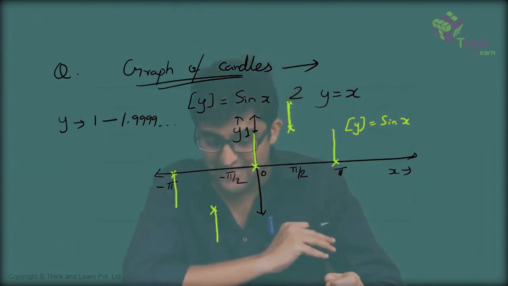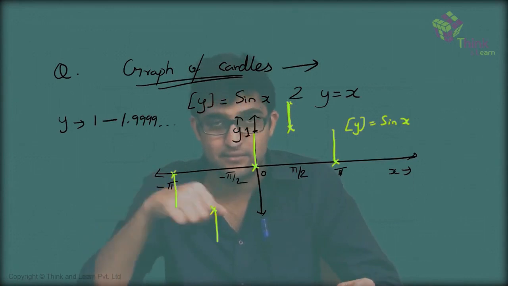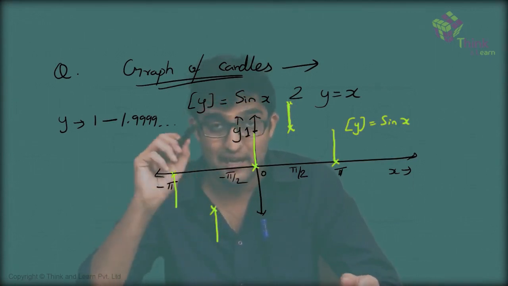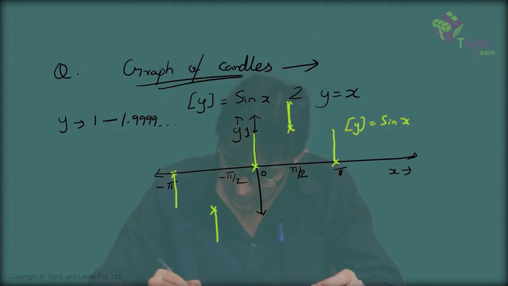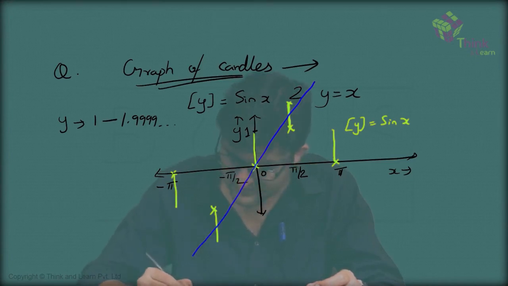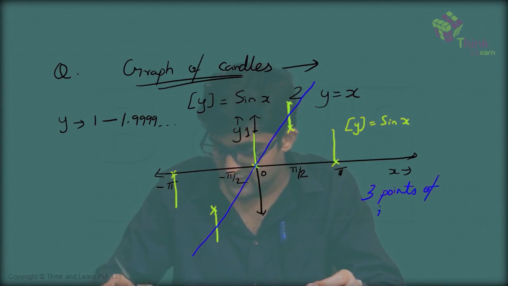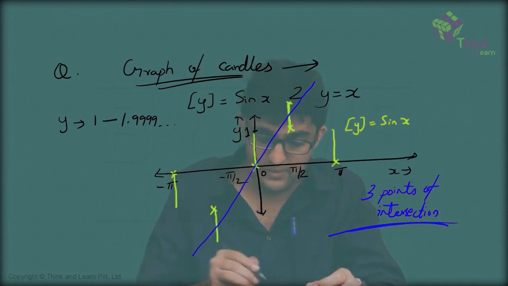Okay, so the graph now looks like candlesticks, and that's why it's called the graph of the candles. Now if I plot y is equal to x on this curve, you can see that there are 3 points of intersection, and that is why the answer will be 3.